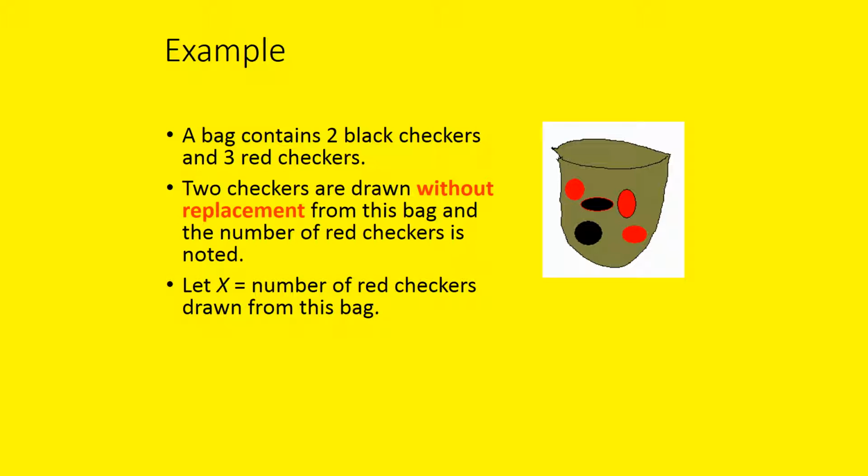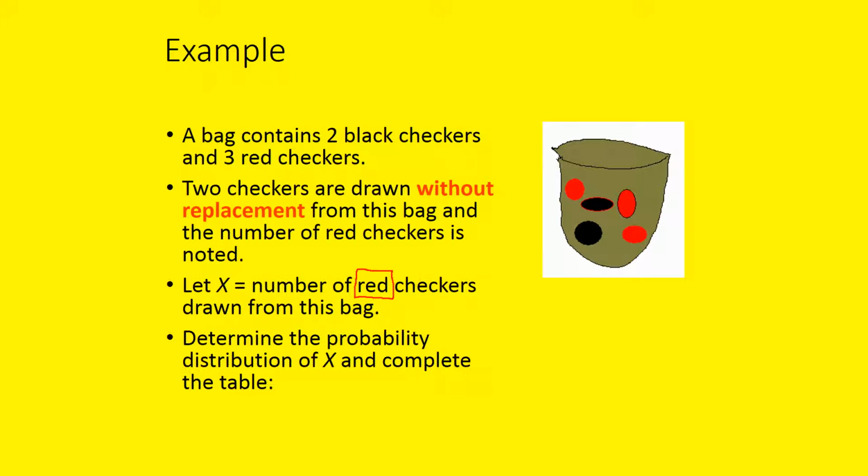Let big X be the number of red checkers drawn from this bag. Okay, so we've got an experiment, 2 draws without replacement, and the number of red checkers, that's the random variable X. Determine the probability distribution of X and complete the table.